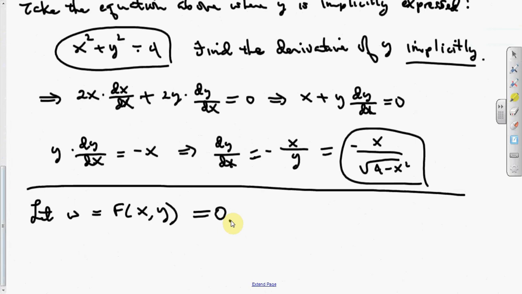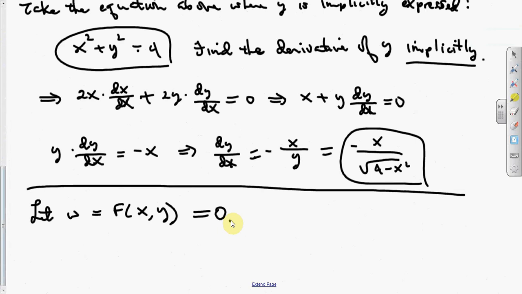It's a neat trick to get this function w to equal 0. Say you have a function f of x, y that's equal to some number, like some terms of x and y equal to, let's say, 10. So what they do is subtract 10 on both sides, leaving 0 on the right side, and they call that w. That's all they're doing.